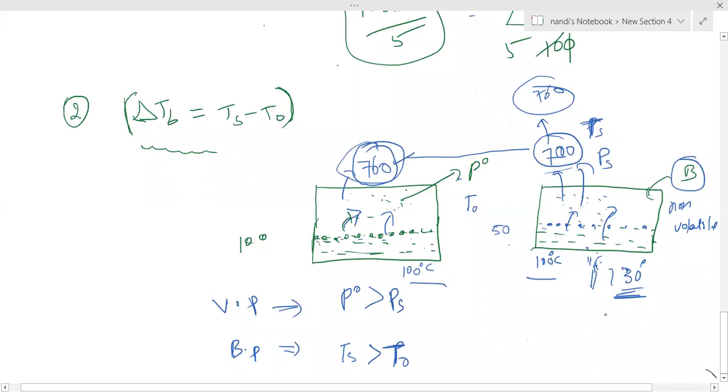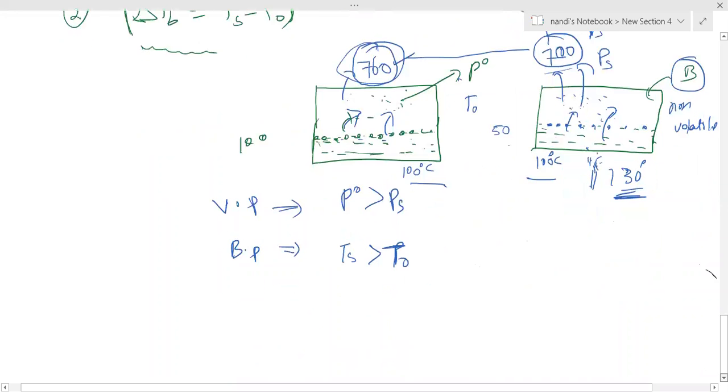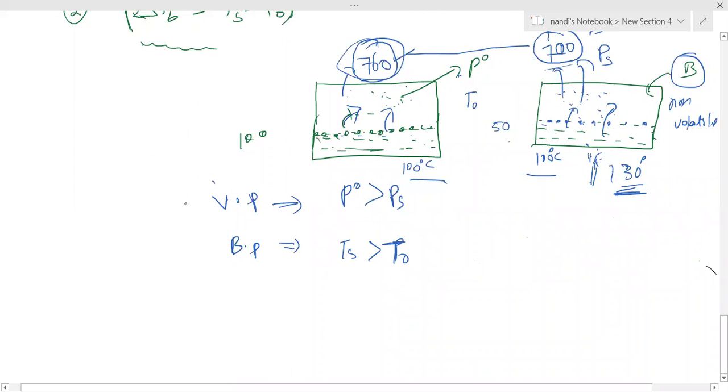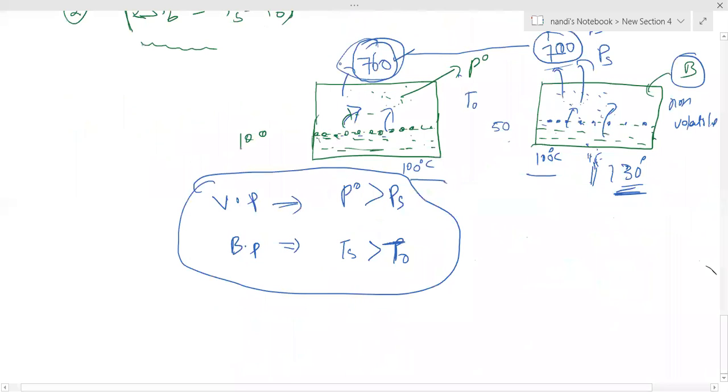Now, please open your NCERT book, elevation in boiling point. Please note down this also. The temperature difference is T solution minus T naught, Ts minus T naught, which is delta TB.